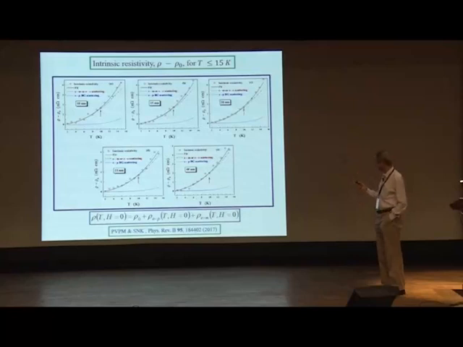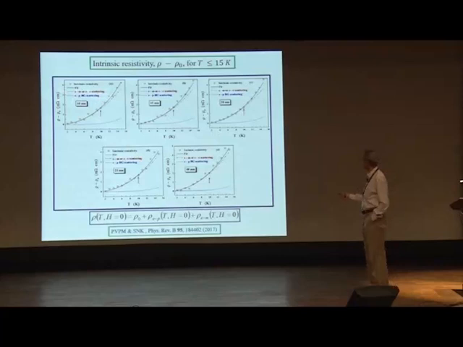And what we find is that if you take the Bloch-Grüneisen formula, which is actually non-spin-flip intraband scattering, you are able to fit this intrinsic resistivity up to about 15 Kelvin by just using the Bloch-Grüneisen formula for electron-phonon scattering, and either electron-magnon or electron-electron scattering. Both go as T square.